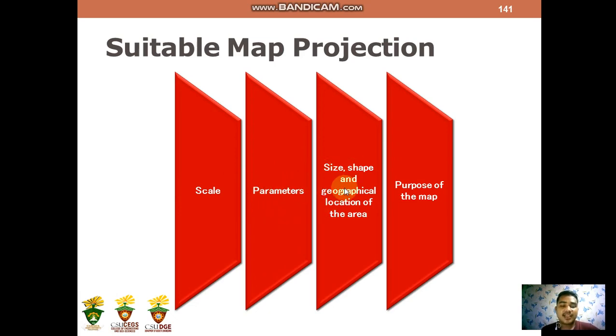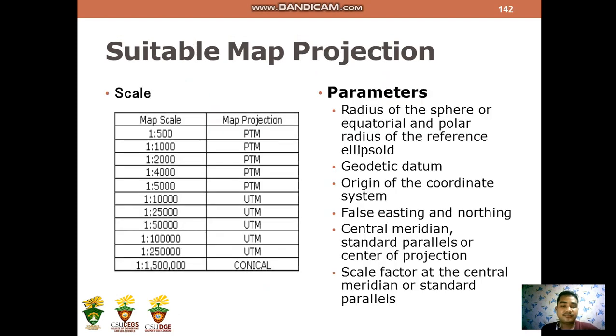Next is ang size, shape of geographical location of an area. Kung pa north or south ba siya or pa east to west. And lastly is ang purpose sa imong map. Kung sa gi-expect sa imuhang audience or unsa si purpose sa imong map, kung sa gusto nimo i-reveal. So maupod na ang imuhang considerations in choosing a suitable map projection.